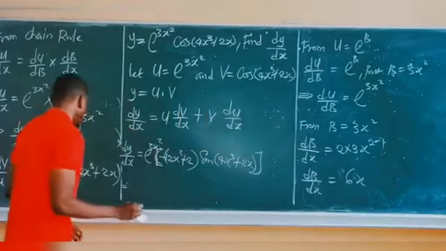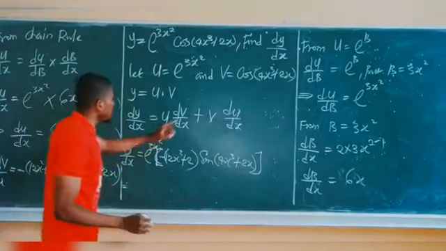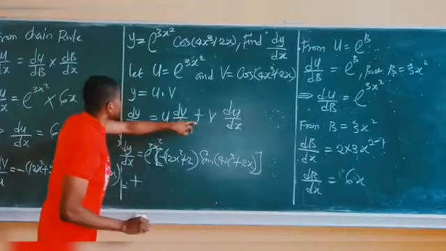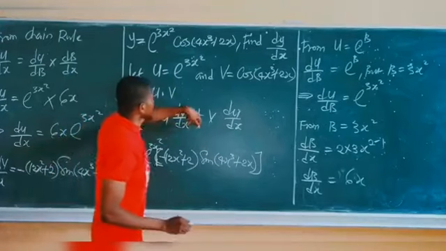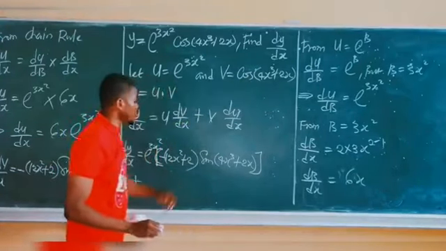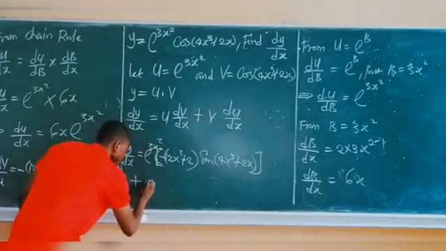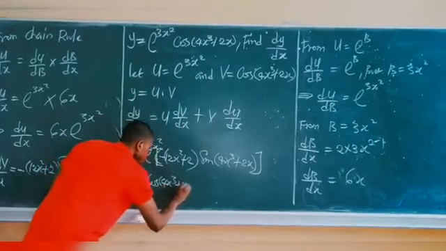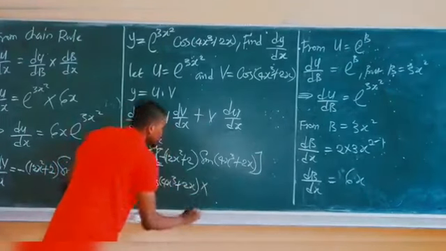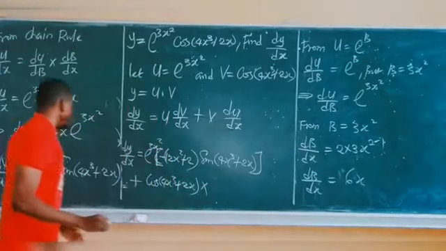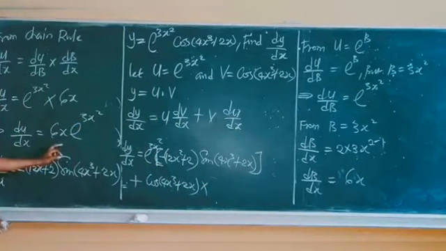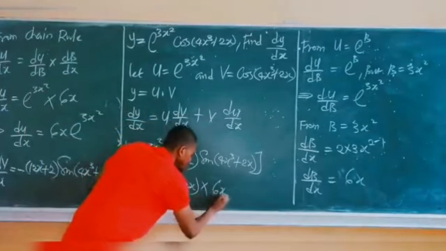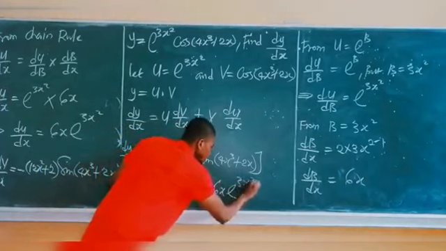Okay, you have this. Alright, so plus v, and we said let v be equal to cos 4x cubed plus 2x, multiplied by du dx. du dx gave us simply 6x exponential 3x squared. So you simply have 6x exponential 3x squared.